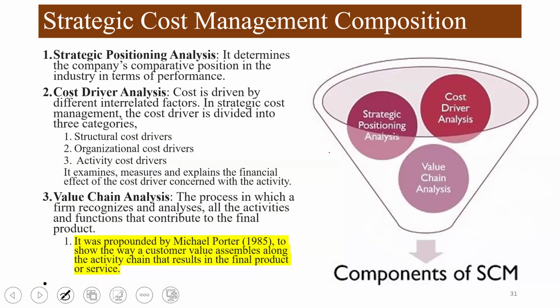There's no need to go into that detail, but when you do ABC, activity-based costing analysis, you need to understand these three cost drivers, right? So the cost drivers come with that.